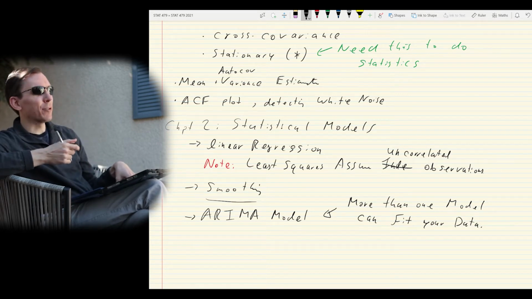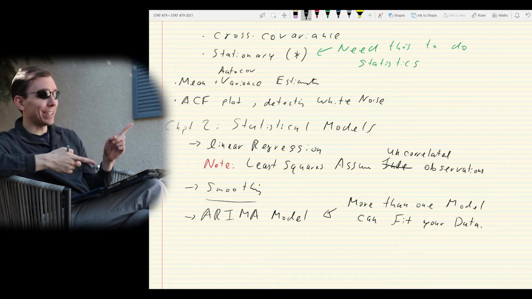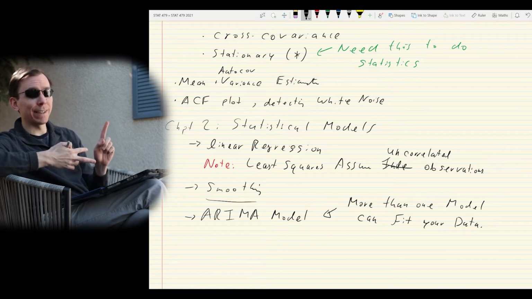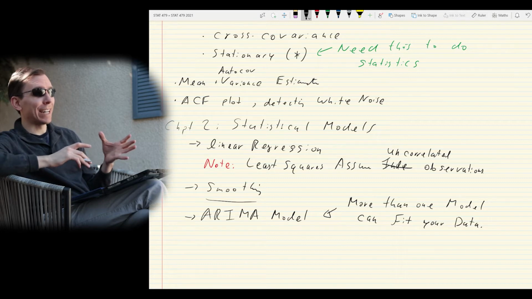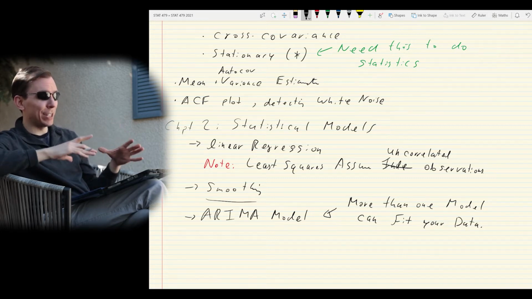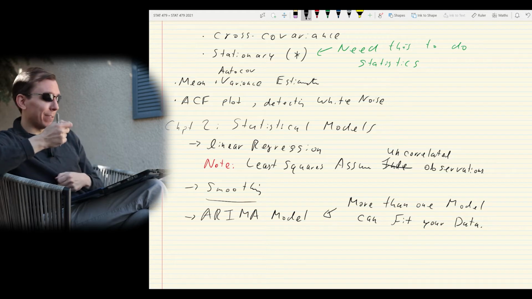Because ultimately you have to worry about things like redundancies in the parameters. You have to worry about the fact that you could have something that's causal or non-causal. You could have something that's invertible or non-invertible, right? And what we found was that stochastically, you can have different types of time series processes that behave exactly the same, that are indistinguishable stochastically.